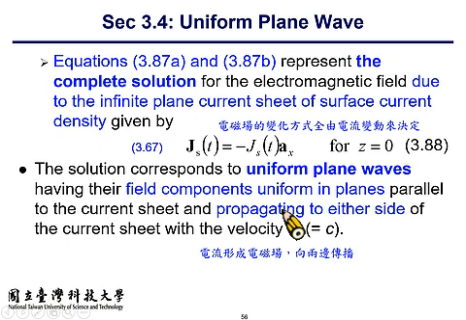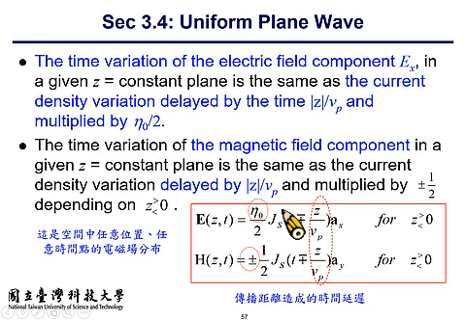So the electromagnetic wave is produced by time-varying electrical current, and the wave propagates on both sides of the current sheet. The time variation of the electrical field component Ex at a given position z is the same as the current density variation delayed by the time z over Vp and multiplied by eta sub 0 over 2. Okay, so let's discuss a little bit about the solution.